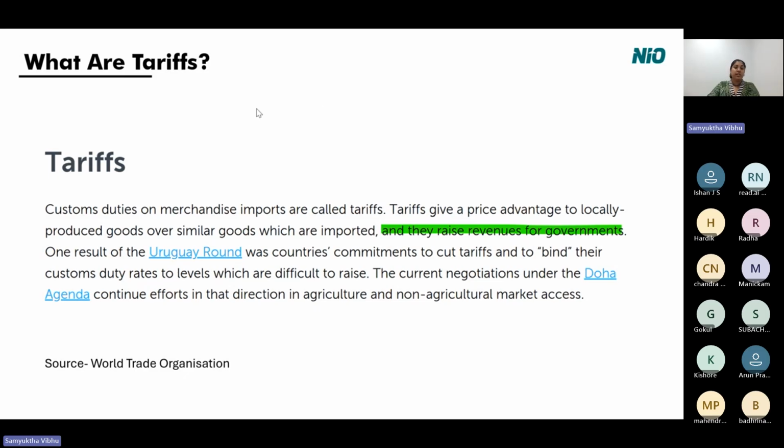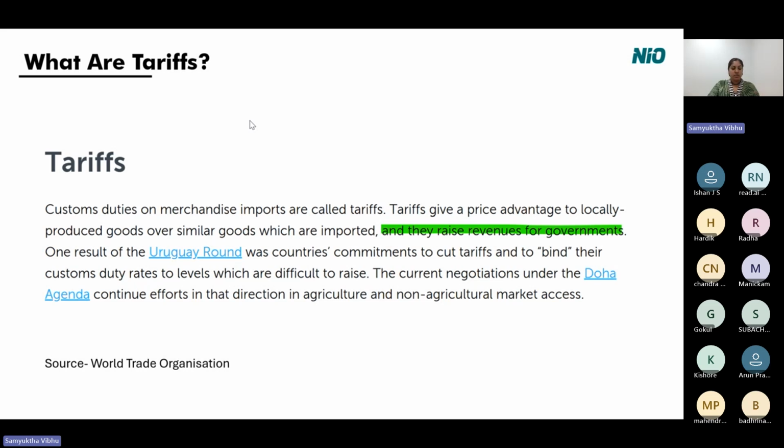Now, historically, I think there are two timelines or two key events that we should sort of study a little bit to understand the impact of tariffs. The first, of course, is the Uruguay Round. This took place in the mid 1990s. And behind this, the basic idea was that countries started negotiating and bringing down tariffs.